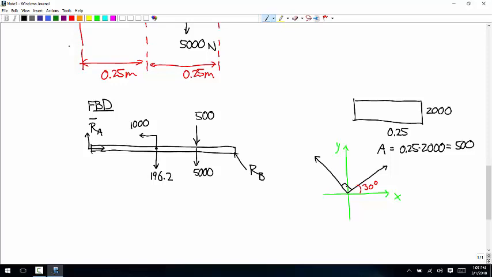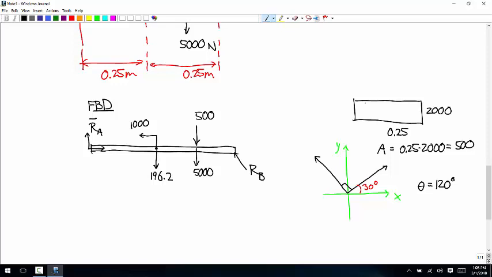So to come up with the angle for this force, you just go plus 30 plus another 90, so theta is 120.